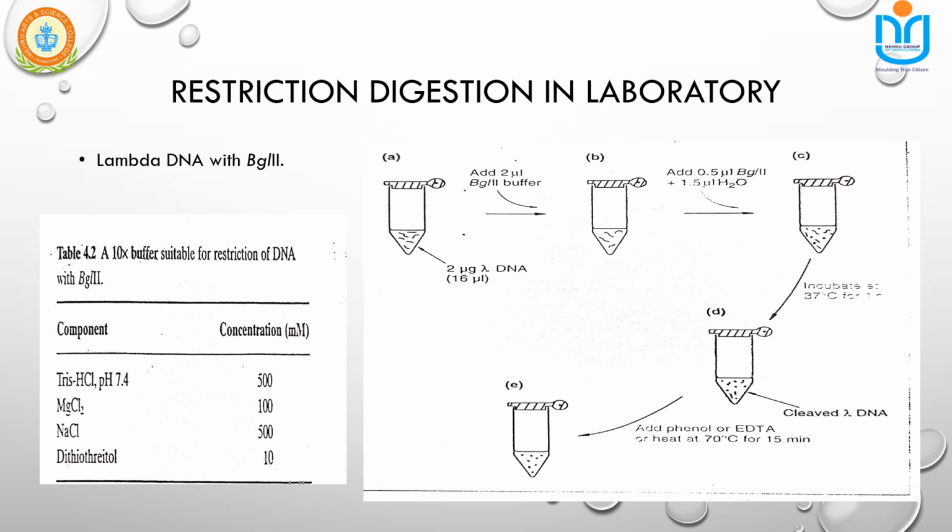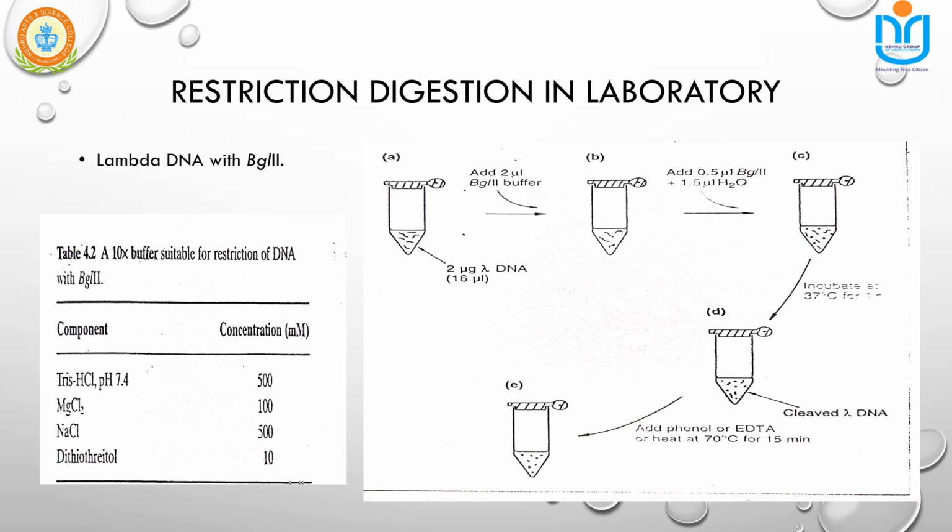BglII is frequently obtained at a concentration of 4 units per microliter, so 0.5 microliter is sufficient to cleave the DNA. The final ingredients in the reaction mixture are therefore 0.5 microliter BglII plus 1.5 microliter water, giving a final volume of 20 microliter. The last factor to consider is incubation temperature.